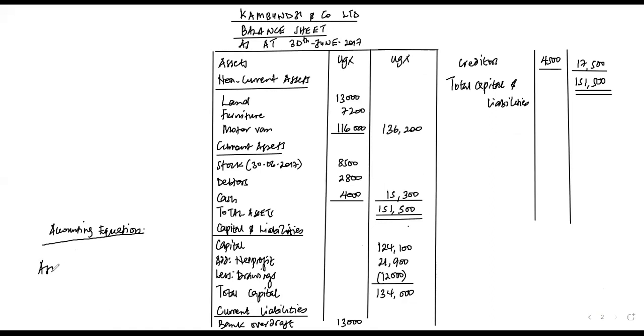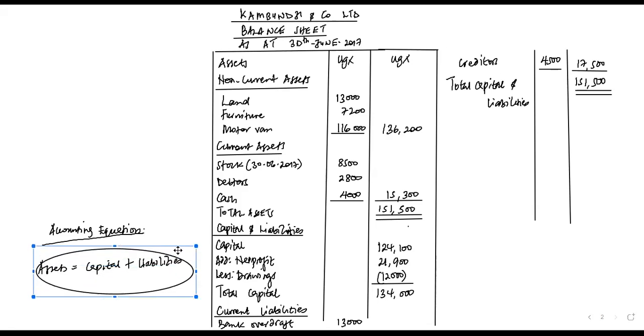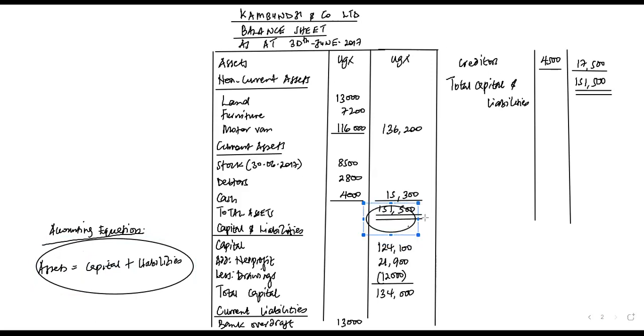Our total assets should equal capital plus liabilities. Don't forget that accounting equation whenever you're preparing the statement of financial position, or what we call the balance sheet.